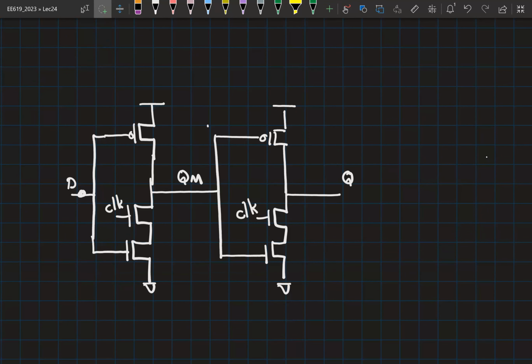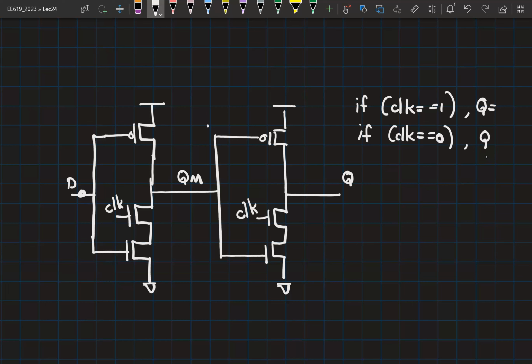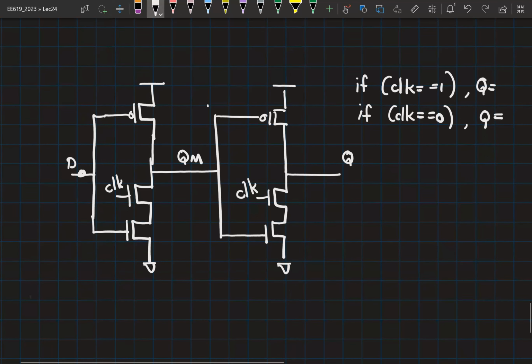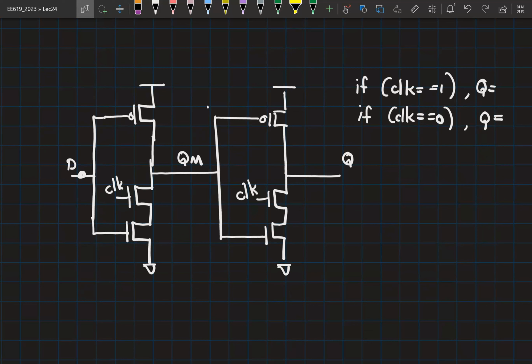I want to know when clock is equal to 1, what is Q? And if clock is equal to 0, what is Q?